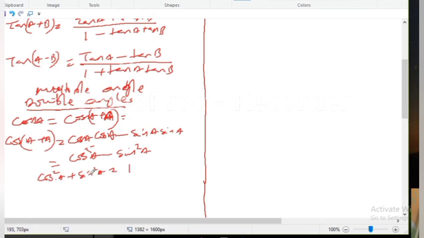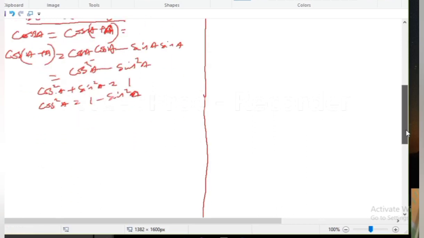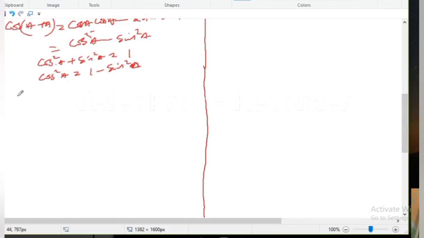So if we express cos in terms of sine, that is cos square A equals 1 minus sine square A, and you substitute this into this, you will have 1 minus sine square A, then minus sine square A. So you have 1 minus 2 sine square A. So your multiple angle of cos 2A will give you this.